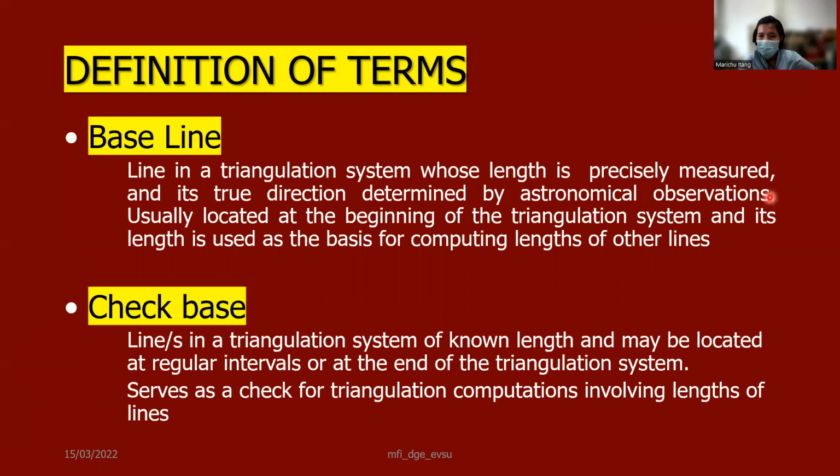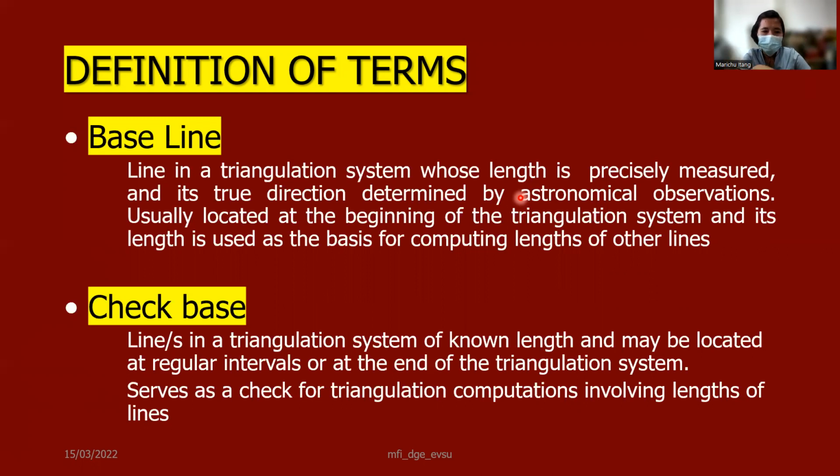So this can be applied pag nag-astronomical observation, pag yung ating position mismo ng ating isang endpoint, if this is A and B, ito yung ating magiging baseline. If the position is not already given on one point, so you need to observe through astronomical observation to determine the latitude and the longitude of the point.